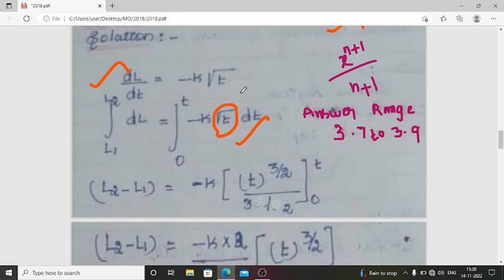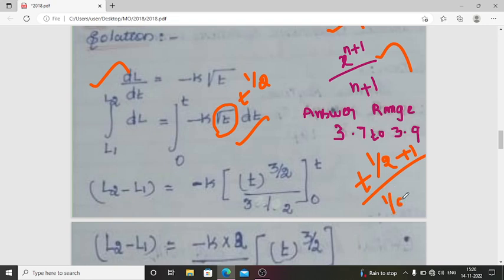Root of t means t power 1 by 2. Are you clear? Okay. So for x power n, the formula is x power n plus 1 divided by n plus 1. So here t power 1 by 2 means t power 1 by 2 plus 1, divided by 1 by 2 plus 1.